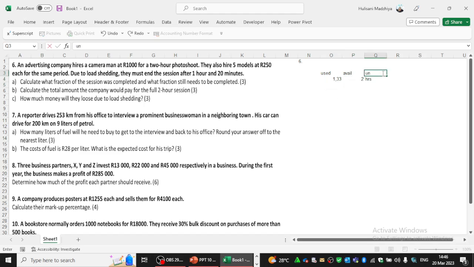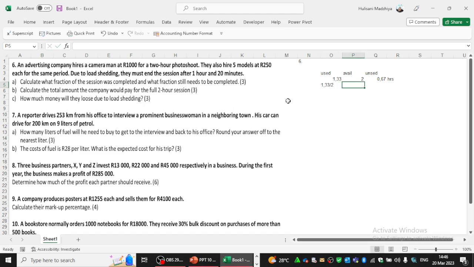Let's do the unused hours first. Unused hours equals hours available minus hours used. Therefore, unused hours is 0.67. So the fraction of the session that was completed will be 1.33 over 2.